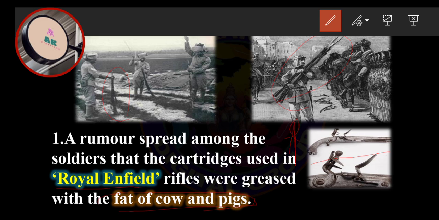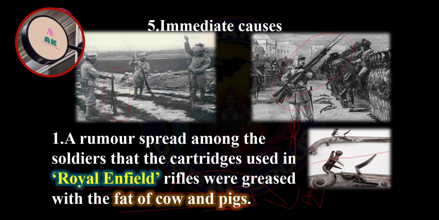Everyone knows the cow was a symbol and a worship for Hinduism, right? Hindus don't want to hurt the cow, and pigs also, they don't want to see and eat the pig.